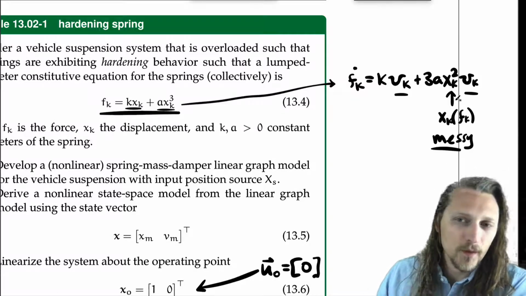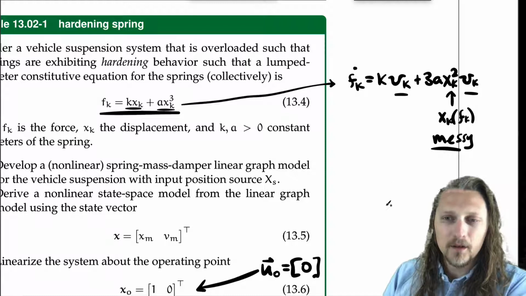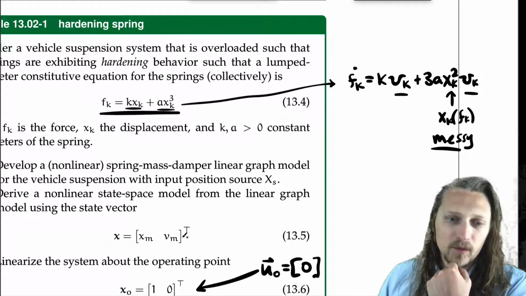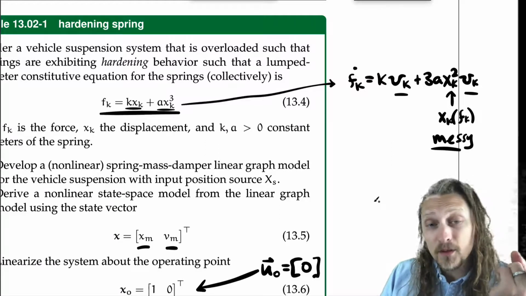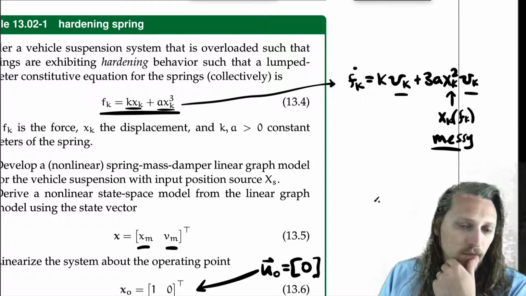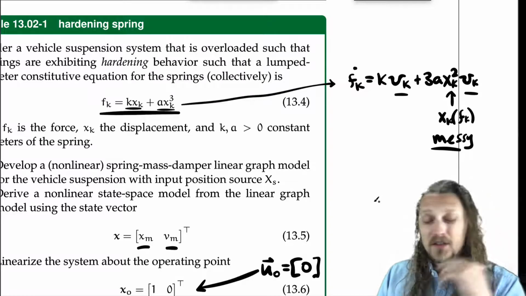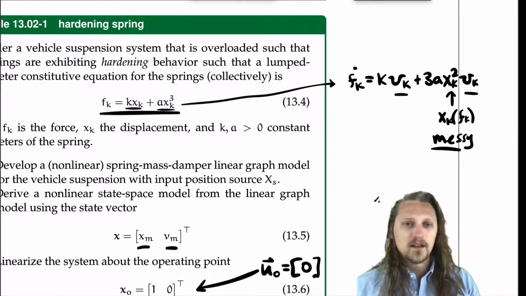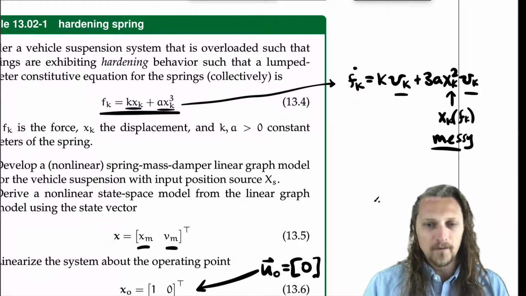So instead of going this route, I recognize that we could get nicer mathematical expressions if we instead chose to have our state variables be xm and vm. Okay? We need two state variables. It's a second order system, two independent energy storage elements. We could choose those two. There is another possibility. We could add another state variable, which is not really a good idea most of the time. Mainly, it gives the impression of being higher order, and we don't like that.